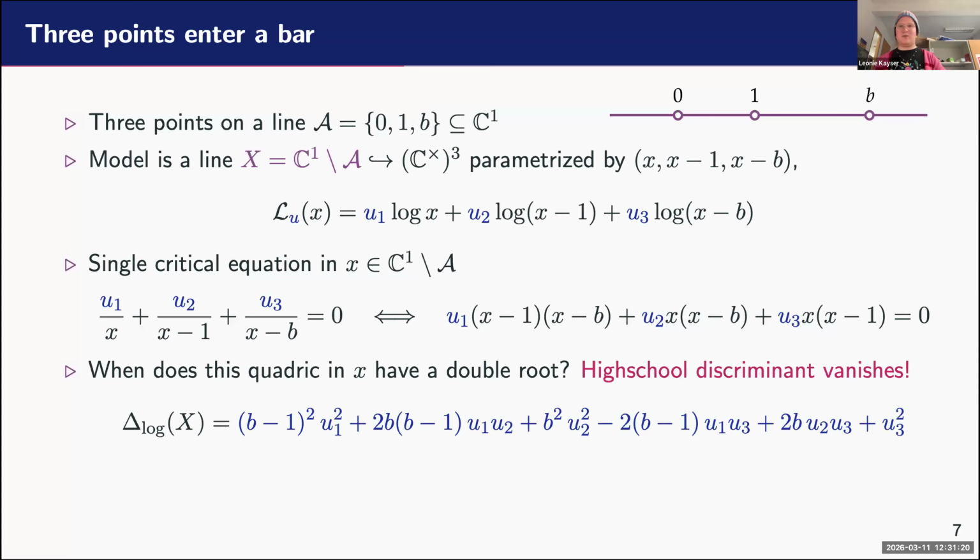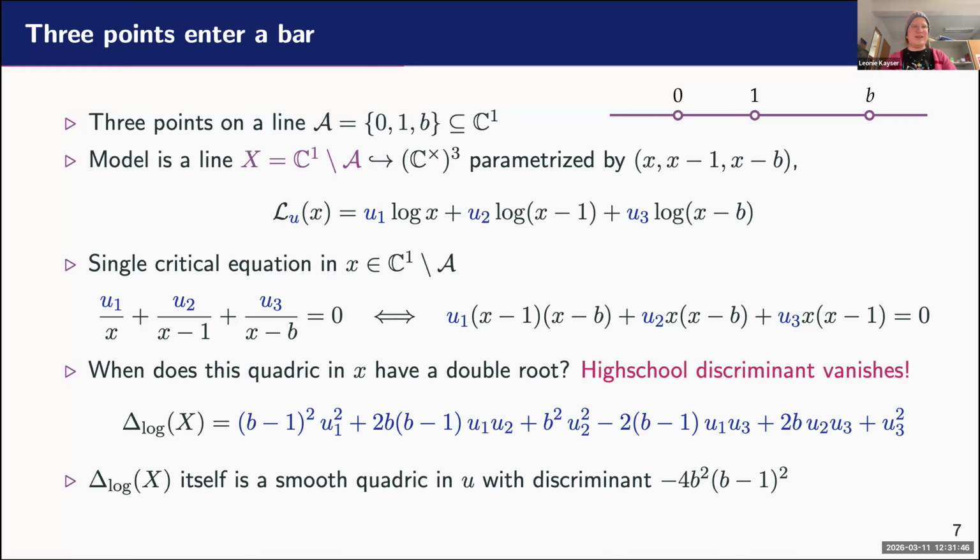Well, when the high school discriminant vanishes, this b squared minus 4ac. And if we evaluate the high school discriminant of the quadratic on this polynomial, we get a degree 2 polynomial in U, and this is the logarithmic discriminant of 3 points on a line.